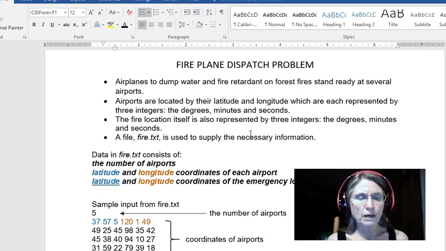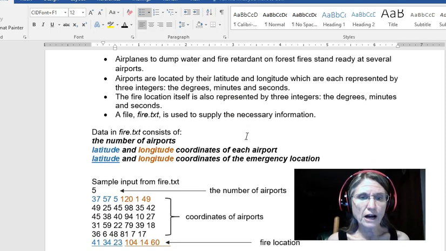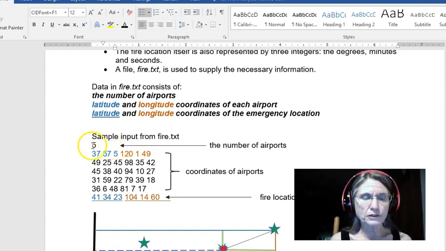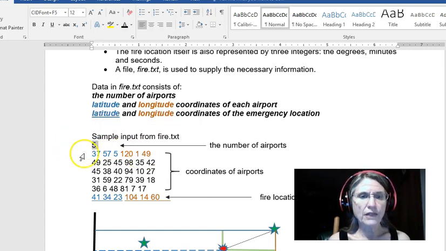You're given a file, fire.txt, and this is the file to supply your input for your script, your program. The data in that fire.txt file is going to consist of line 1, the number of airports. In the example, we see it as 5. That number indicates how many lines of airport data follow.